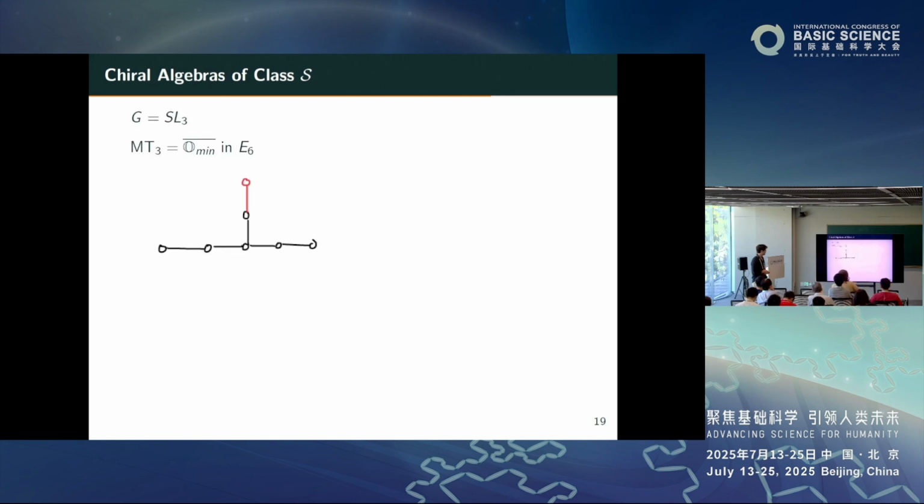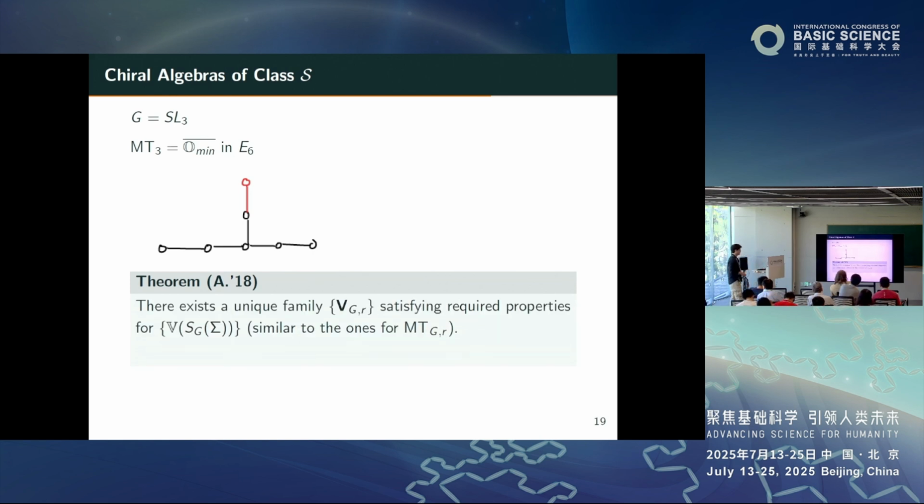Also, I forgot to write, but these are known to be symplectic singularities, at least for type A, because they are known to be isomorphic to the Coulomb branch of a star-shaped quiver. Now there's the case of the Higgs branch, but what you can show is that there exists a unique family of vertex algebras which satisfy the properties required for the vertex algebra associated with this class S theory, similar to the one for Moore-Tachikawa varieties. The Hamiltonian action of the group is replaced by a Kac-Moody group action, and there's some initial condition and also some associativity condition.